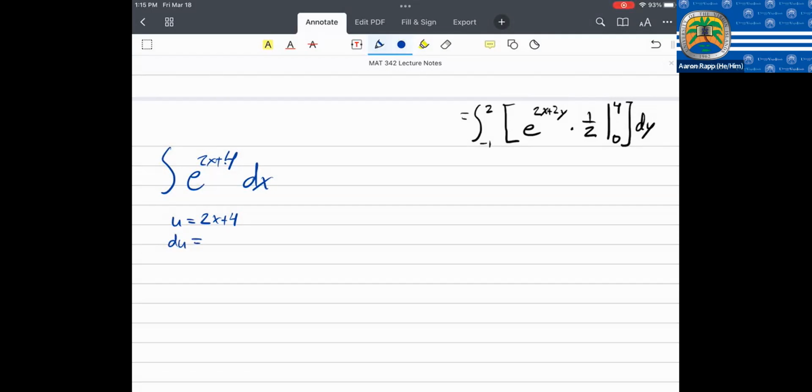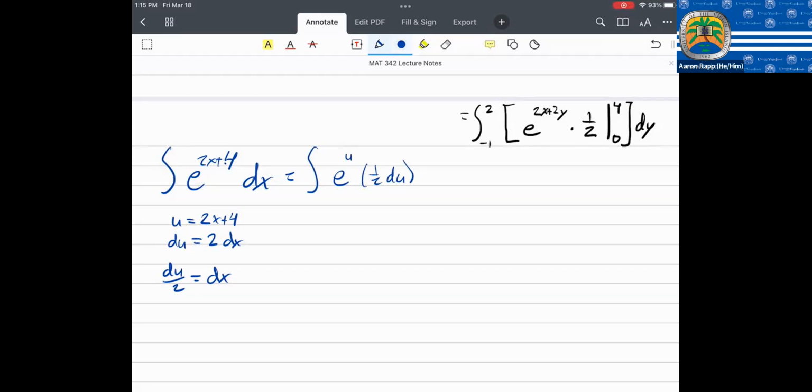Well, then du will be 2 times the derivative of x, which means that dx is equal to du over 2, or 1/2 du. Replace that 2x plus 4 with my u, and replace my dx with its equivalent in terms of du.